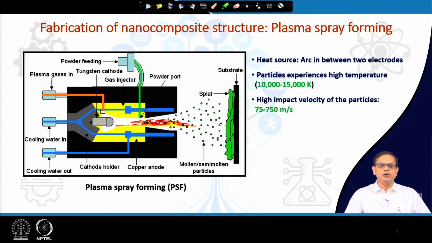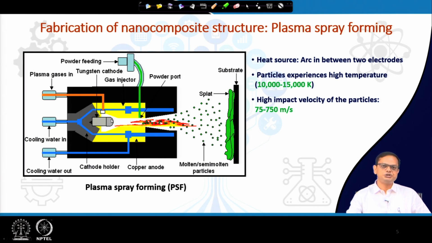And then how this composite material is made, I discussed that it has been made by a thermal spraying technique, which is called plasma spraying. In plasma spraying, the heat source is a plasma which gets generated by two electrodes. As you can see here, this is the tungsten cathode, and then you have this copper anode.